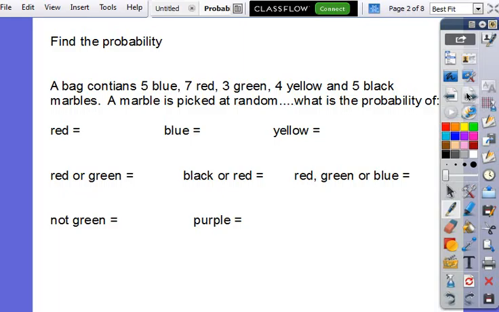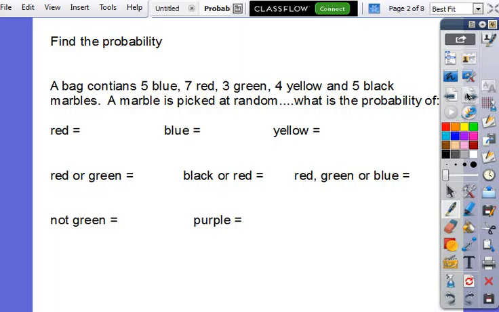If we go back to the definition of probability, it's the number of things that work over the total number of choices. So the first thing I want to find out is my total number of choices, because I'm going to use that in every problem. How many total choices do I have up here? How many different things can I pick?